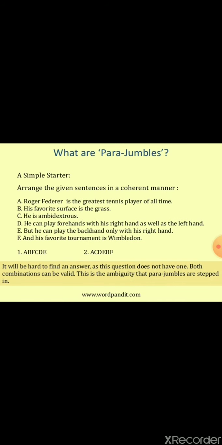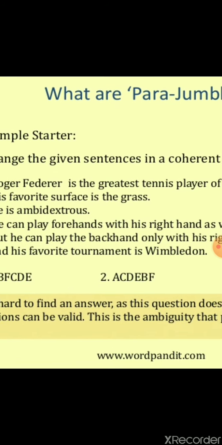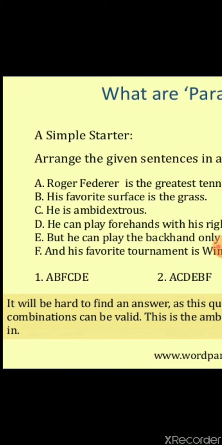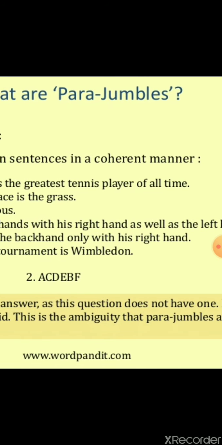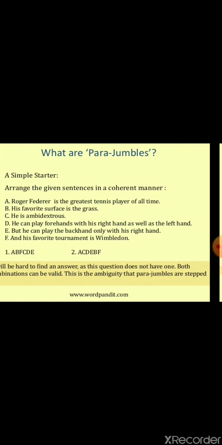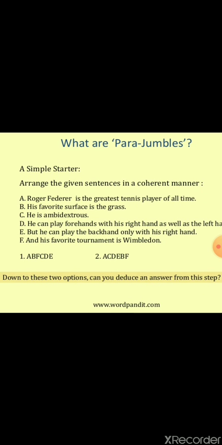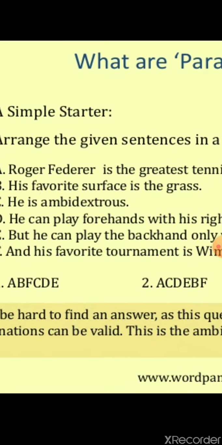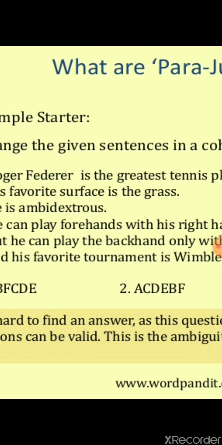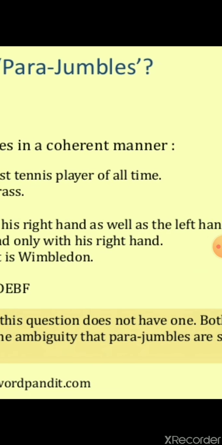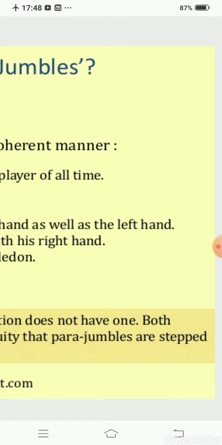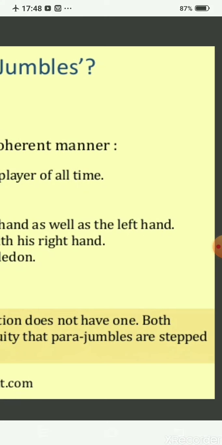Now the same question, but look at the notification which they have given. It will be hard to find an answer as this question doesn't have one. Both combinations can be valid. This is the ambiguity that para jumbles are steeped in. So for what reason do they put such a type of question?